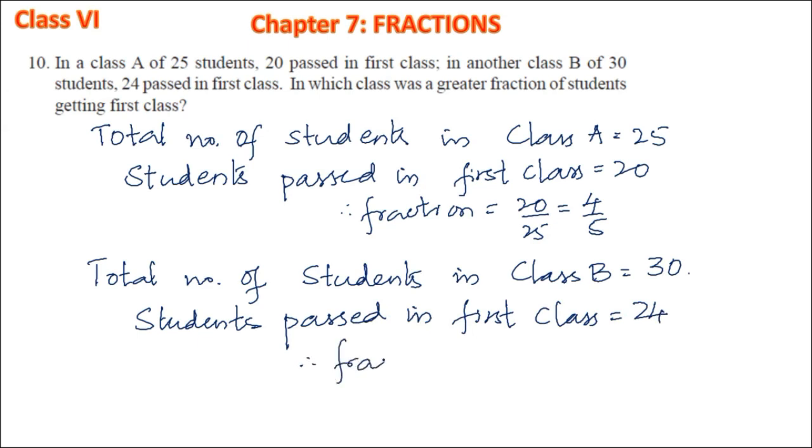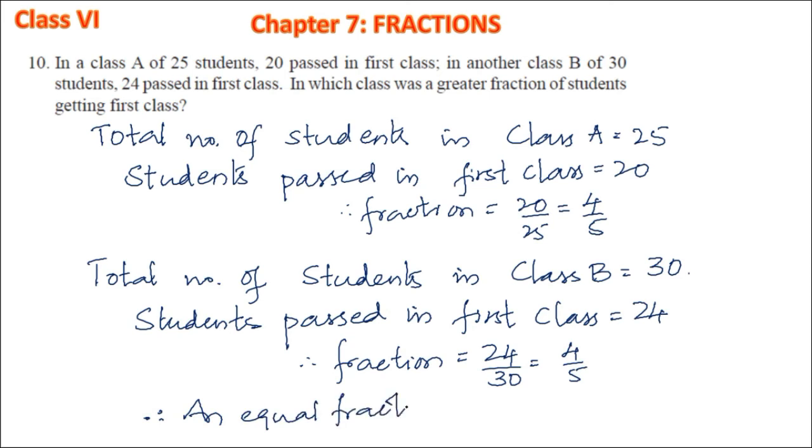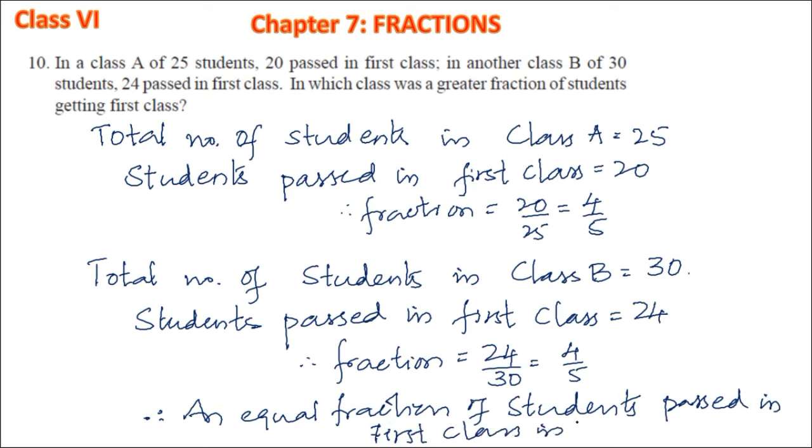Therefore, the fraction is 24 out of 30. On simplification, we get 4 by 5. Therefore, an equal fraction of students passed in first class in both the classes.